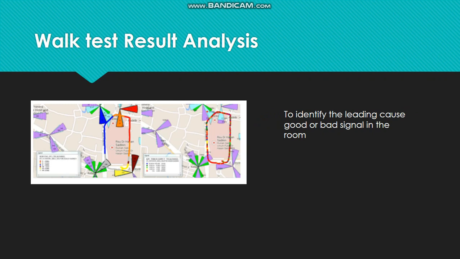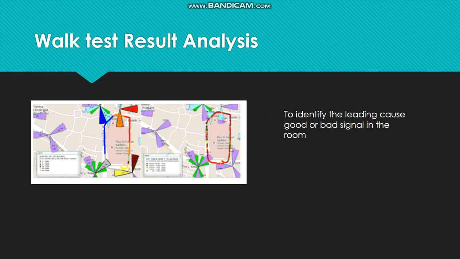After that we make a walk test result to identify good or bad signal in the room, and to know where the antenna or tower is that covers the building, and why the building has that signal.